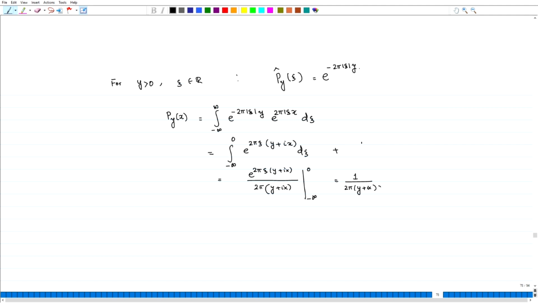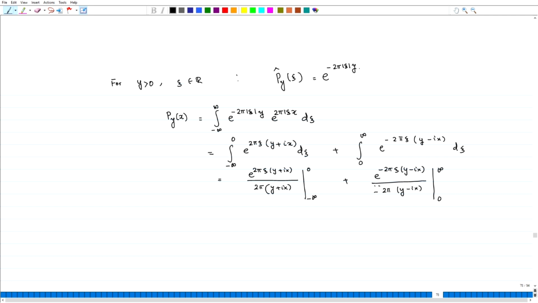Then plus the integral from 0 to infinity of e to the power minus 2 pi xi (y minus i x) d xi, which is e to the power minus 2 pi xi (y minus i x) divided by minus 2 pi (y minus i x), from 0 to infinity.